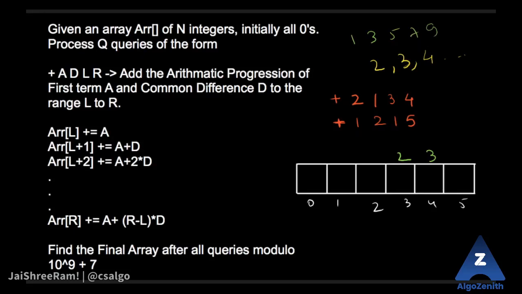After both queries have been run, the values would be 0 1 3 7 10 9, so this would be the final array that you need to print.